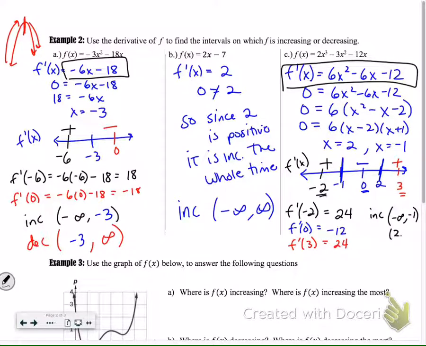Also from 2 to infinity. Well, let me put that one in red so we know where we got that one from. That's the other side here. 2 to infinity. And then we are decreasing from -1 to 2.